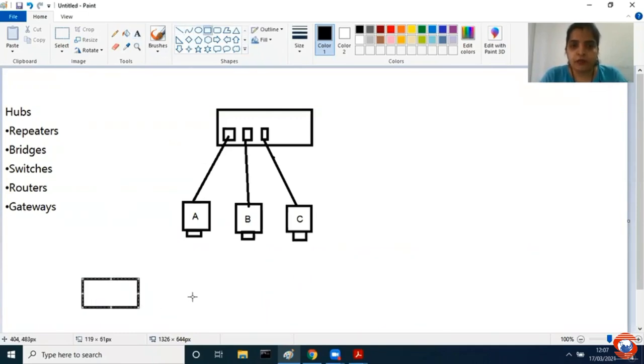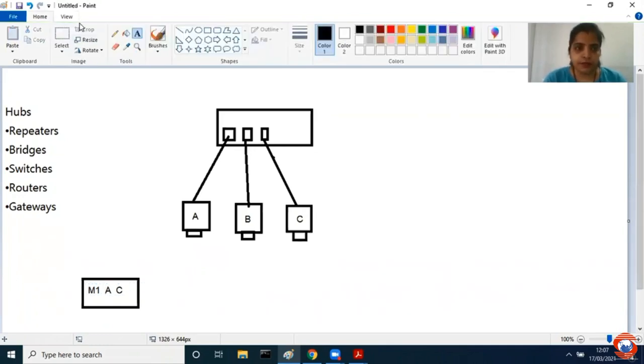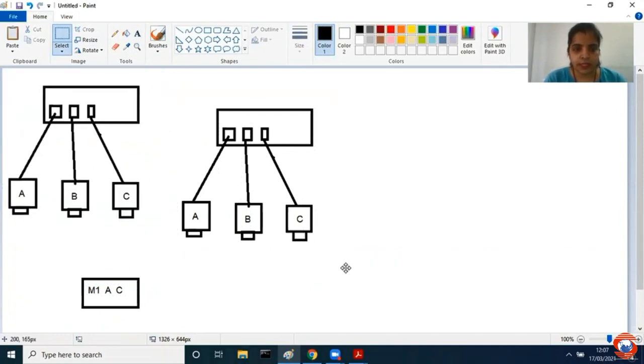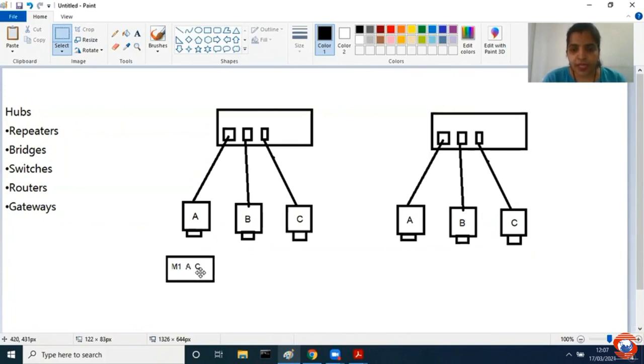Assume machine A wishes to send message 1 to machine C. Everyone, hope you remember, this is nothing but called a packet. If A wishes to send a packet to C, it will go to the hub device.